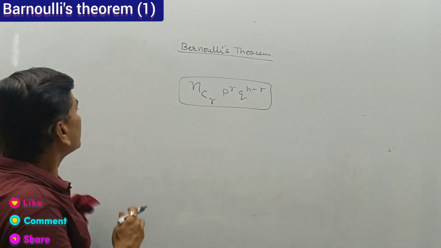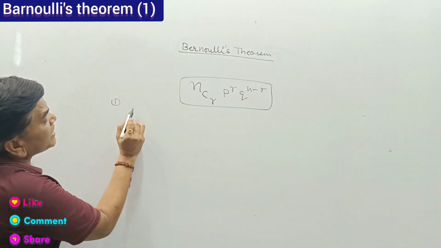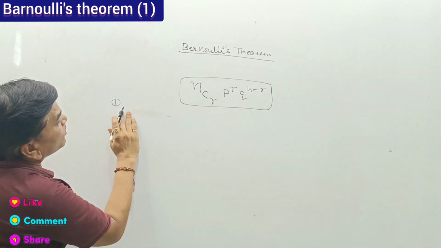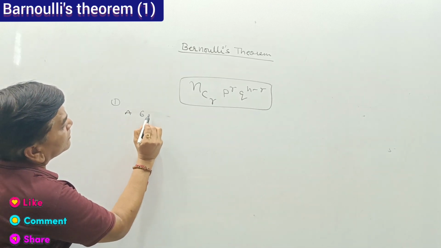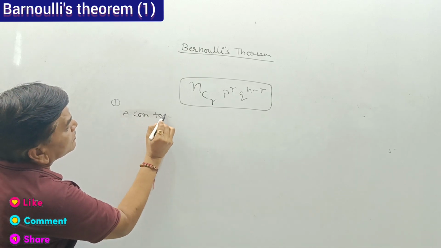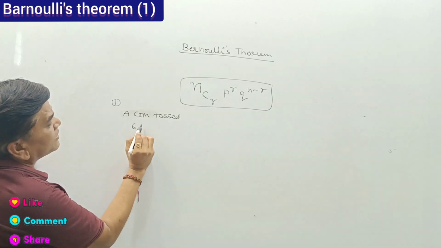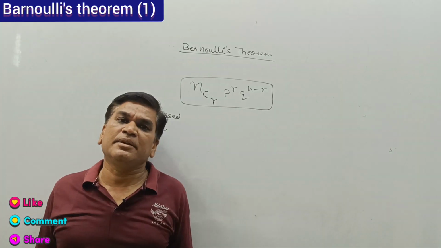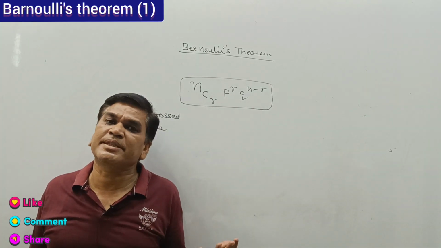The very first question: a coin tossed 6 times, get the probability of getting 4 heads among 6 coins.